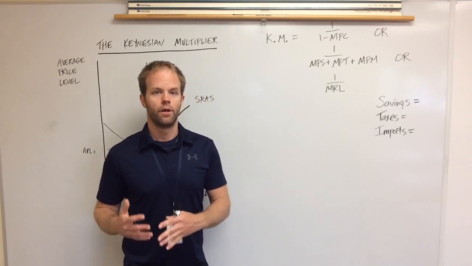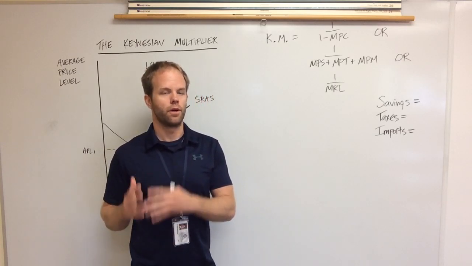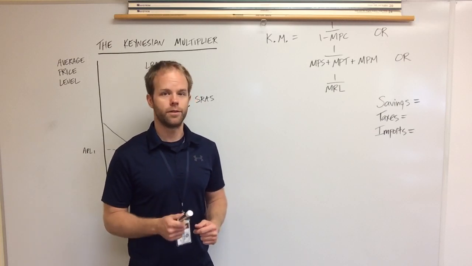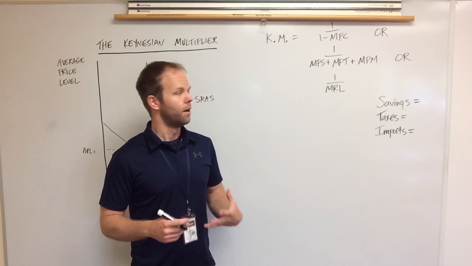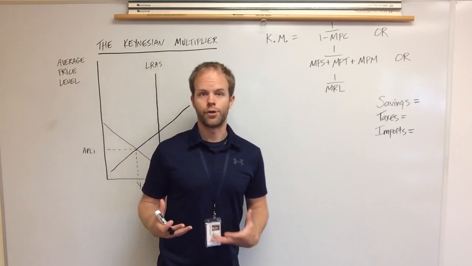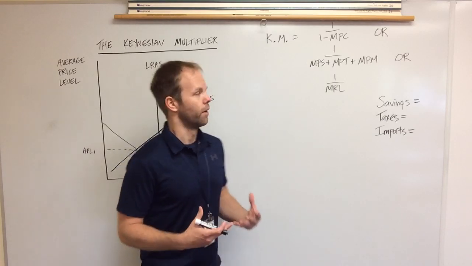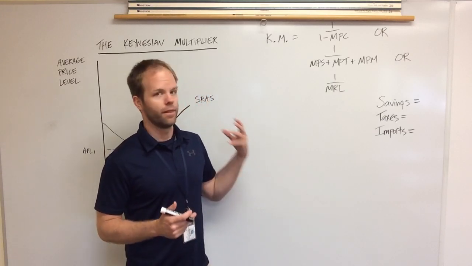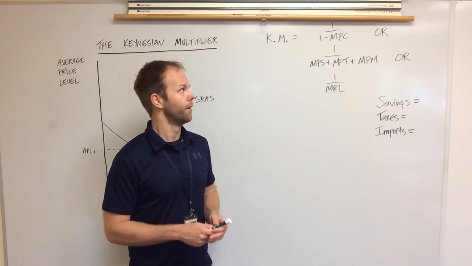That is how much of the GDP that consumers are spending. That's really important to understanding the Keynesian multiplier because the larger the marginal propensity to consume, the higher the rate of consumer spending, then the larger the Keynesian multiplier, okay?